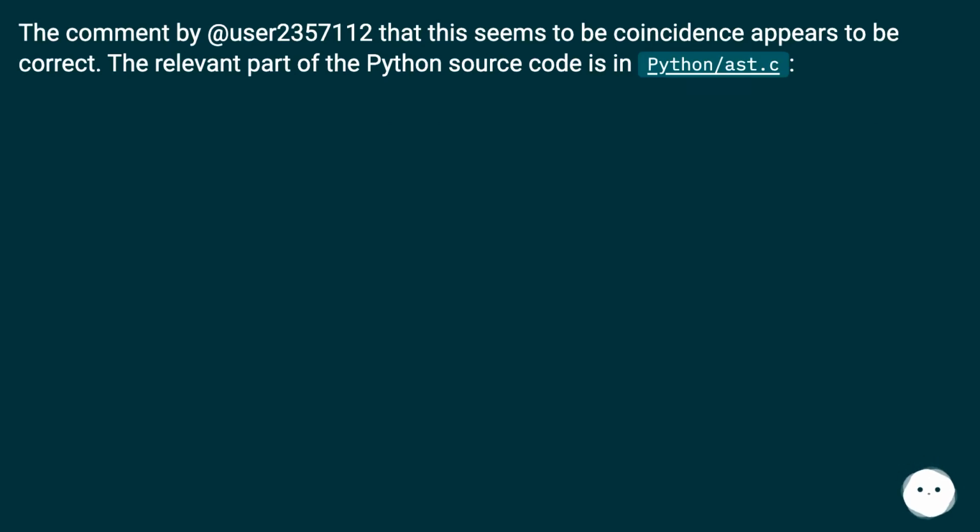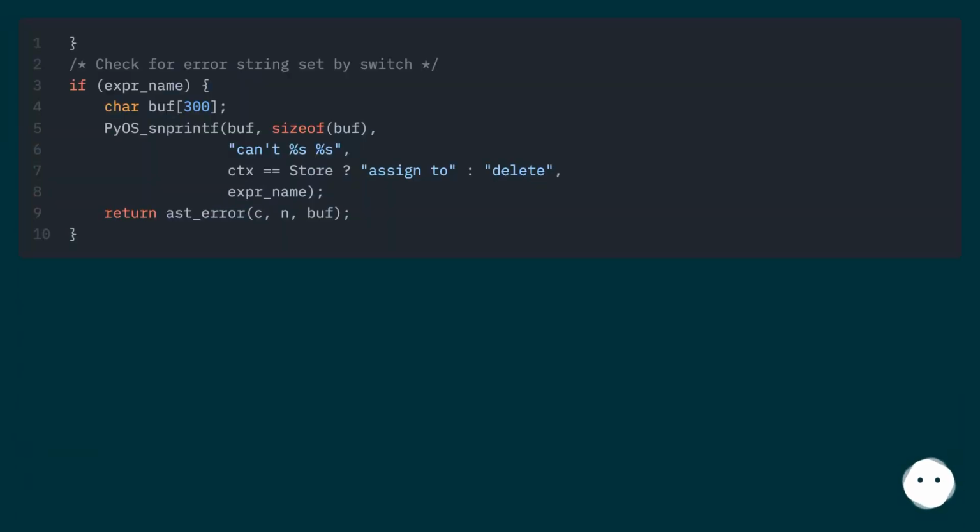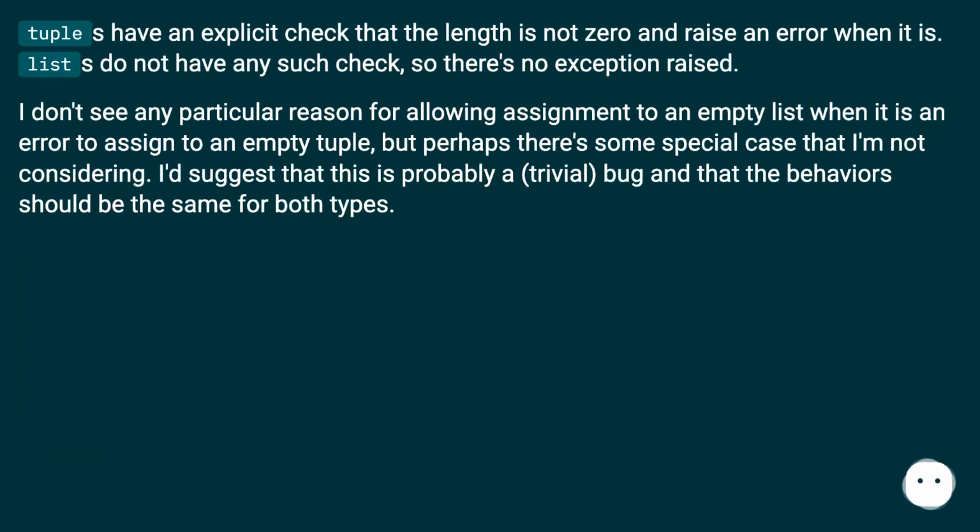The relevant part of the Python source code is in python/ast.c. Tuples have an explicit check that the length is not 0 and raise an error when it is.